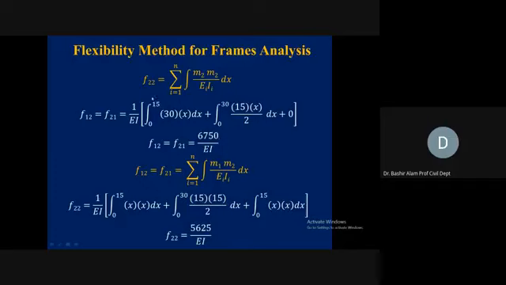And for F22, we are using this equation, M2 times M2 divided by EI dx. So for member AB, it is x times x. For member BC, it is 15 times 15. And for member CD, it is x times x. Now, the limit is from 0 to 15. So it is giving us 5625 over EI.